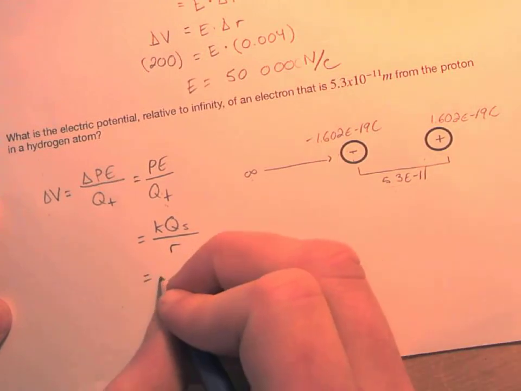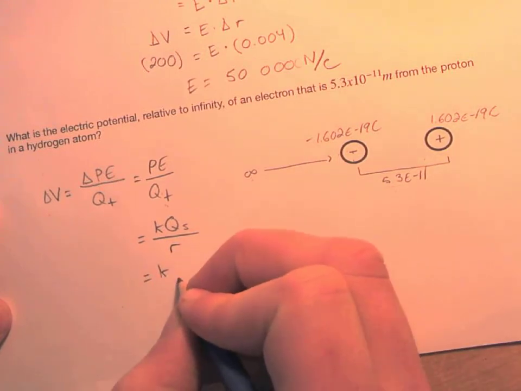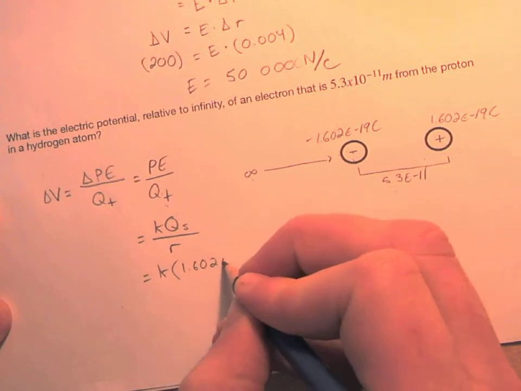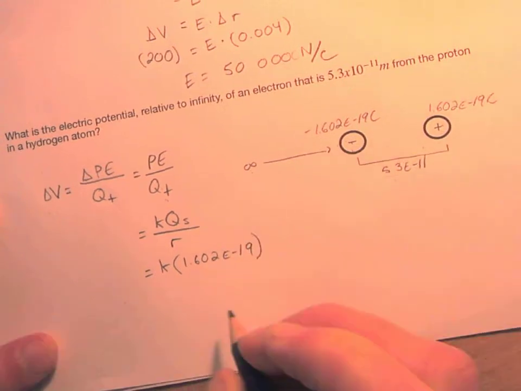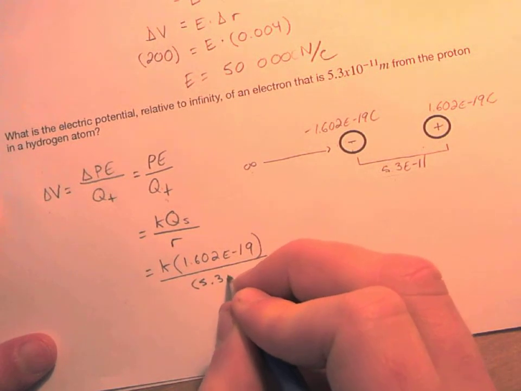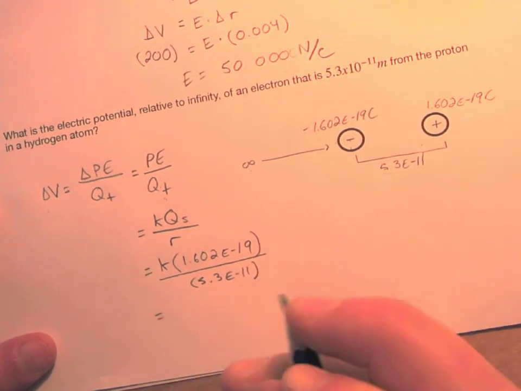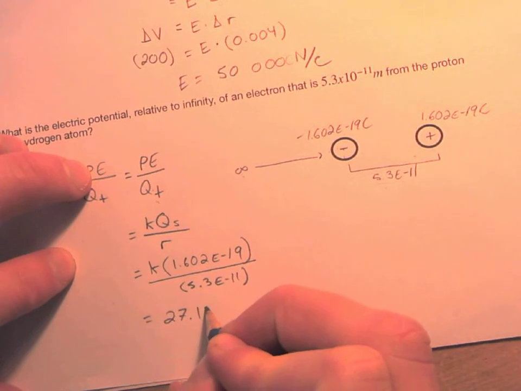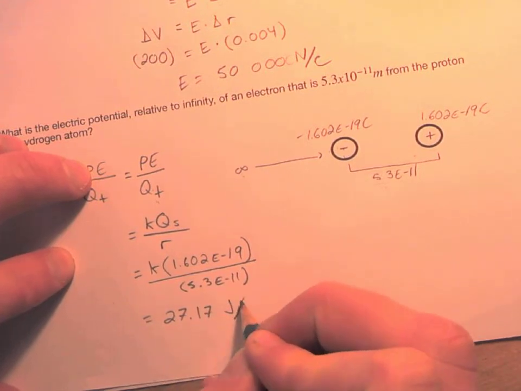So this is going to be your K constant times the source charge, which is 1.602 e to the negative 19, over the distance between them, which is 5.3 e to the negative 11. And what this gives me is 27.17 volts, or joules per coulomb.